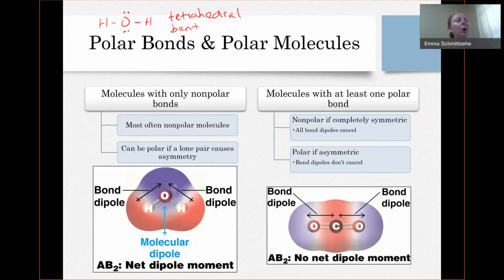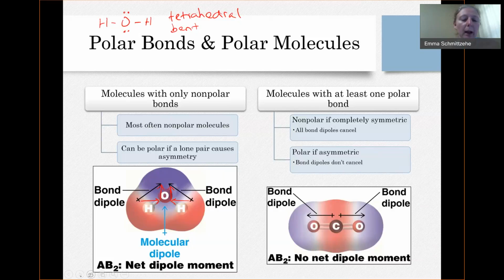But then if you want to think about overall what's going on with that molecule, you would have to put that information all together. So really you're doing a vector sum, which you may or may not be familiar with, but basically I'd break that down into the components that make it up, and then see if anything cancels out and if anything adds.